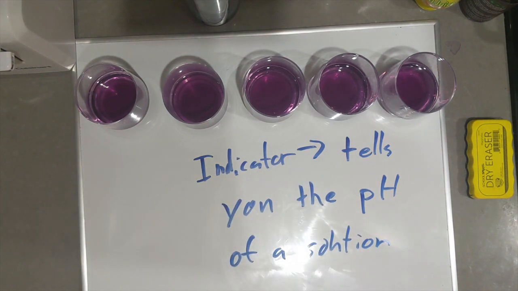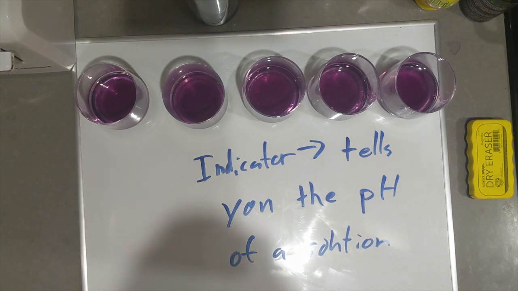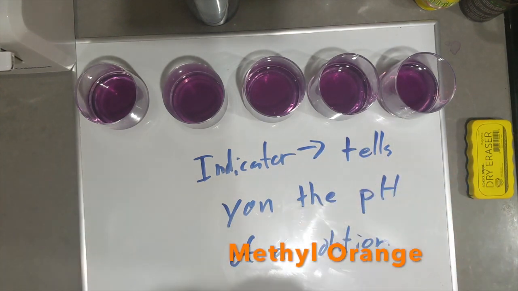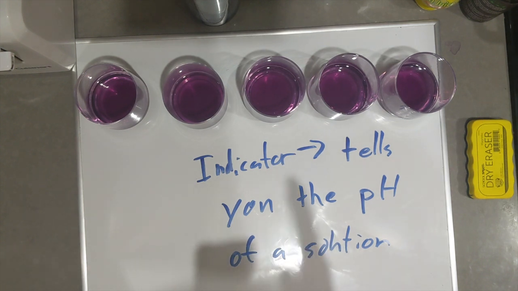Most indicators are only precise under a very short range. Lab indicators like phenolphthalein or methyl orange, which unfortunately we don't have the opportunity to play with in virtual learning, will indicate a very specific pH range.